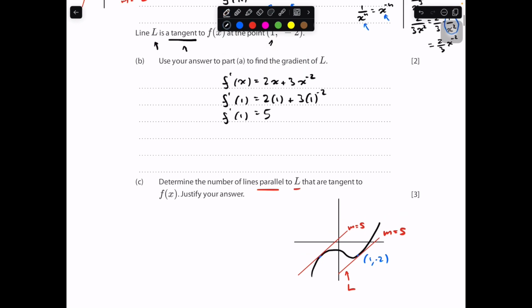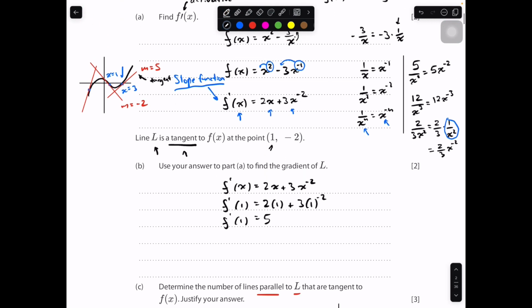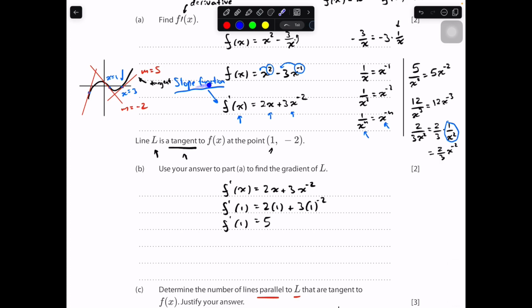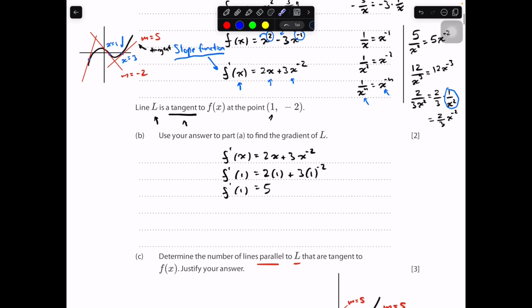So our derivative itself is our slope function. And like any function, it accepts inputs, and you put in some input, and then you get some output. So in this case, we put in an input of 1, and the output was 5, which told us that at this point 1, -2, the slope was equal to 5. So functions accept inputs and outputs.